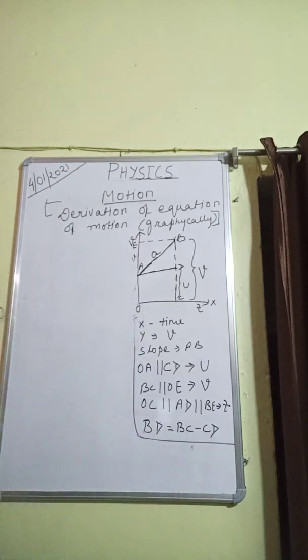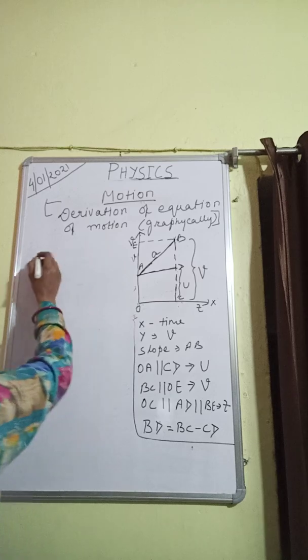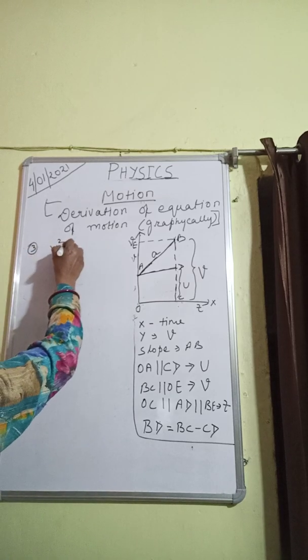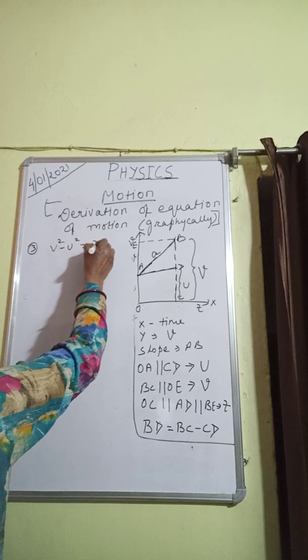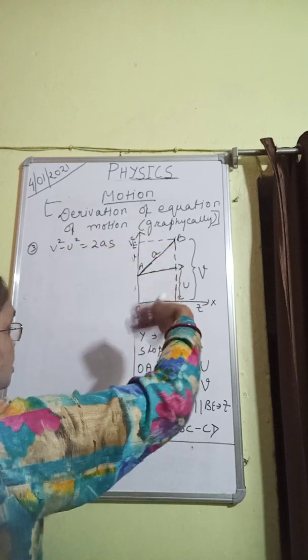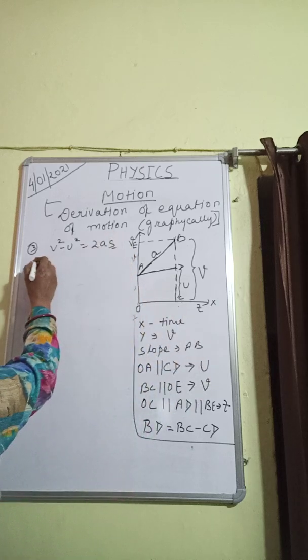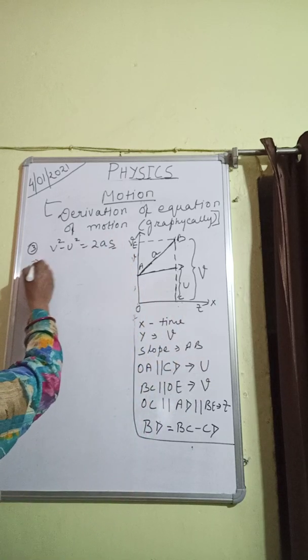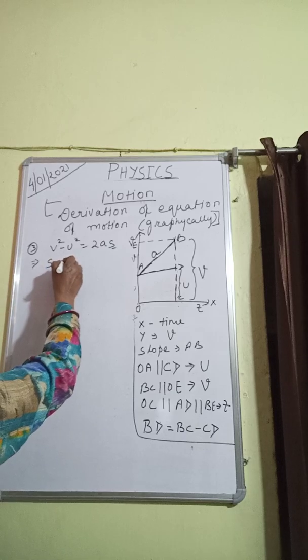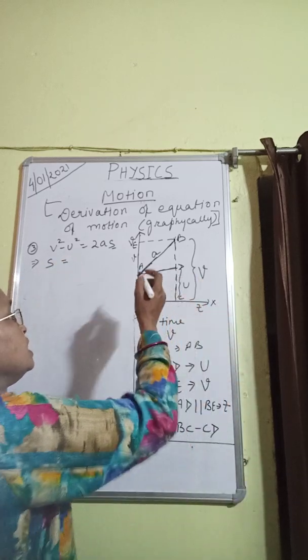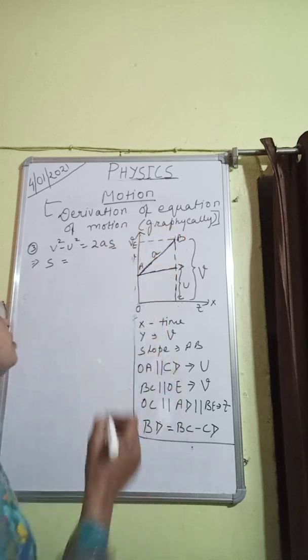Let's see the third equation of motion. We know that the third equation of motion is V square minus U square is equal to 2AS. Just as before, let's start from S. S is the distance travelled by the body in the whole of its motion from initial position to final position.